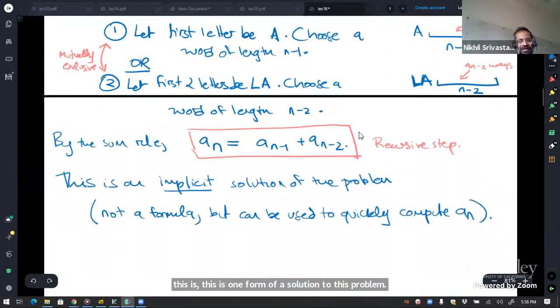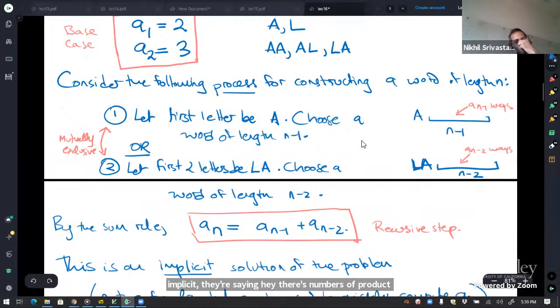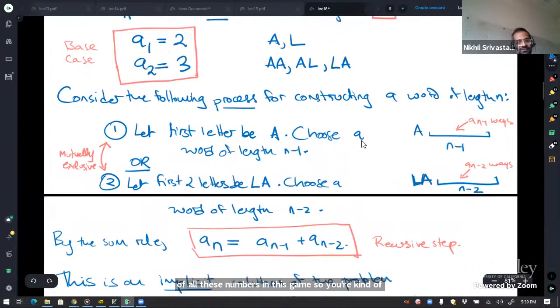And we can step back and make a philosophical point here, which is, anyway, the counting formulas we've been producing, we never actually do the arithmetic and write out the number, right? Even those are somewhat implicit. They're saying, hey, this number is a product of all these numbers. In this case, you're kind of saying, hey, look, it's given by this recursive definition.